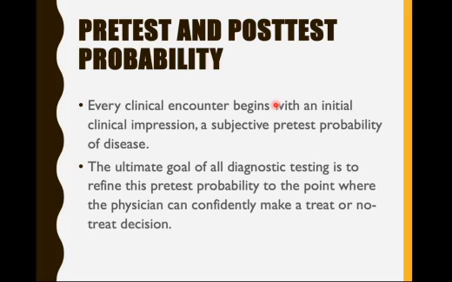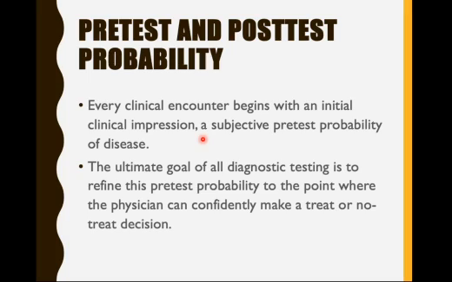What does that mean? You see, every clinical encounter begins with an initial impression. You see a patient, and then you interview, you do history taking, you do physical examination, and then you will have an initial clinical impression.